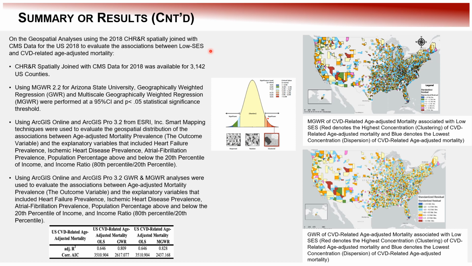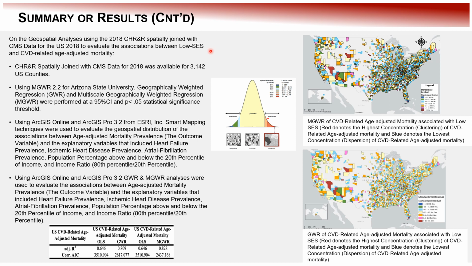We employed software from Arizona State University called MGWR 2.2 to perform the statistical analysis of geographically weighted and multi-scale geographically weighted regressions at a 95% confidence interval and a statistical significance threshold of 0.05.